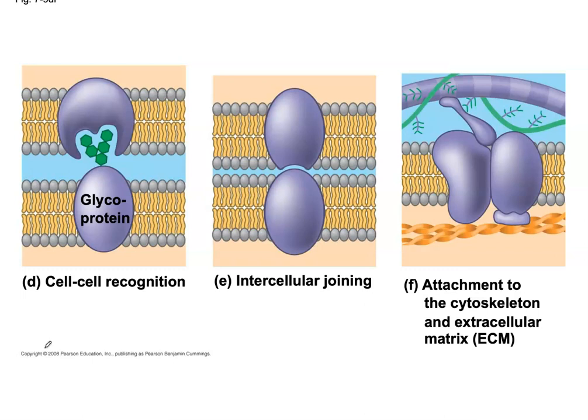So intercellular joining, for example, when we talked about tight junctions in chapter 6, the proteins kind of pack onto each other and create a tight junction. You also need different types of fibronectins, the integrin proteins that attach the proteins to the extracellular matrix itself.